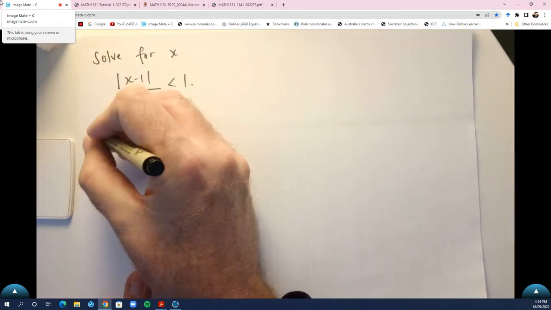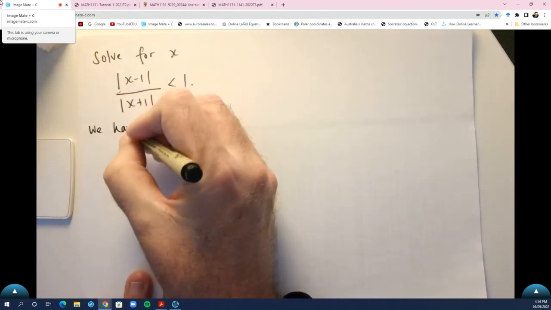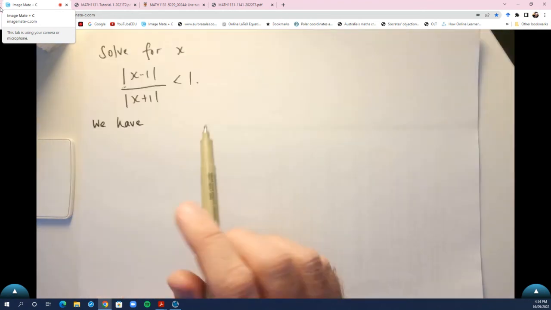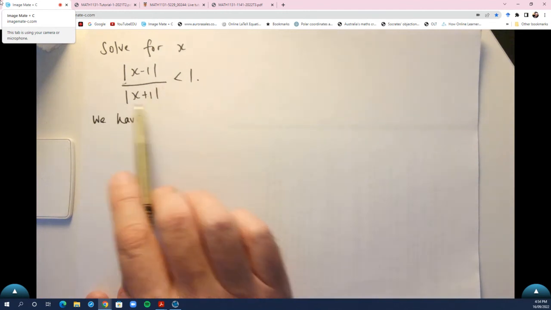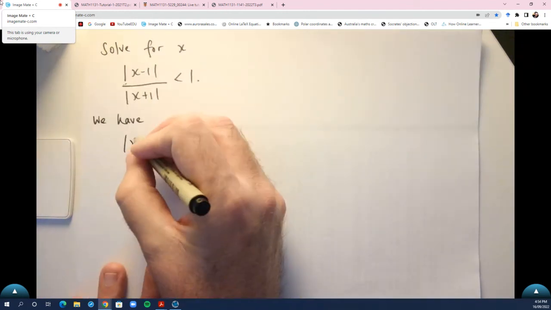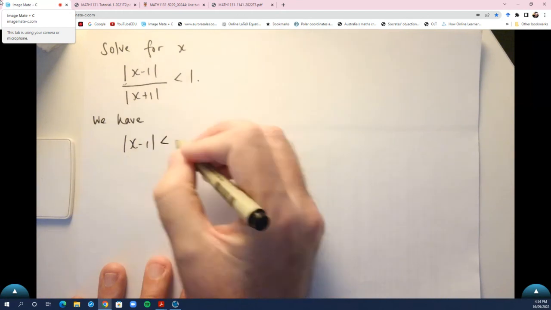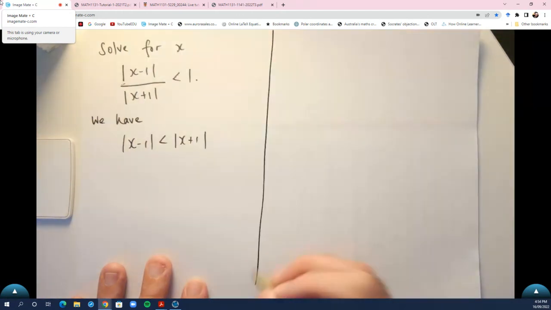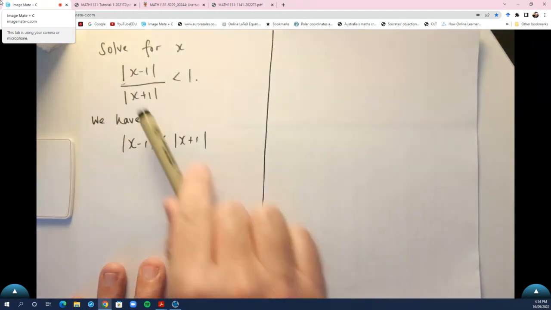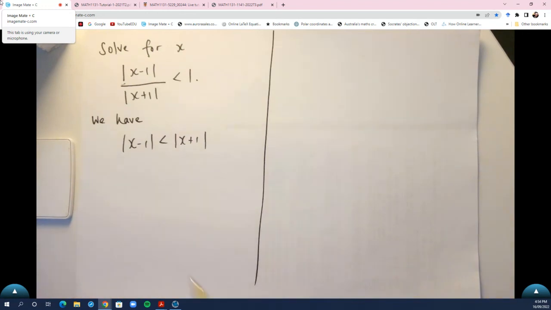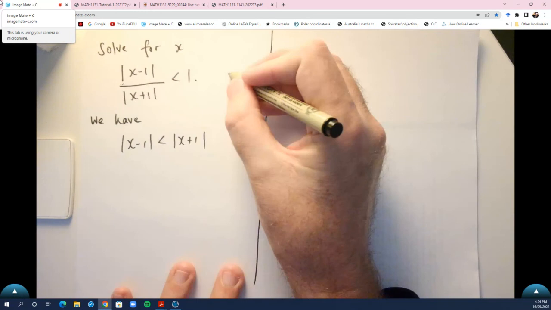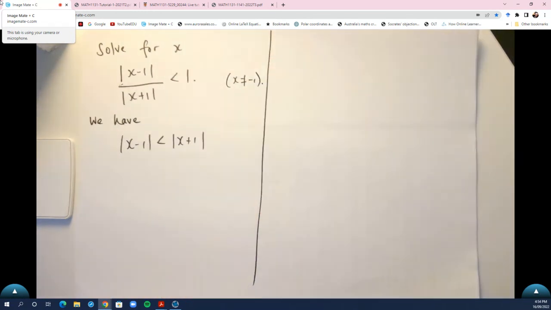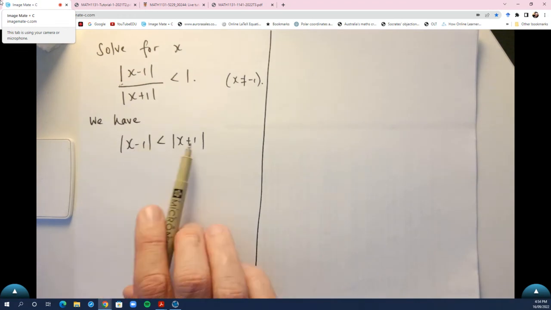So what I can do is multiply both sides by the denominator, which is always positive. So I can write it like that. I've multiplied both sides by this, which is always non-negative, right? Of course, here we would say x cannot be equal to -1. All right, so you got that and that.